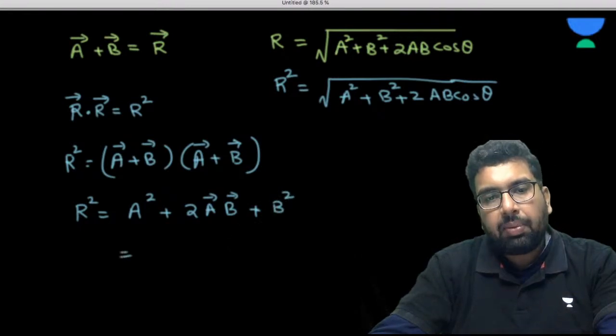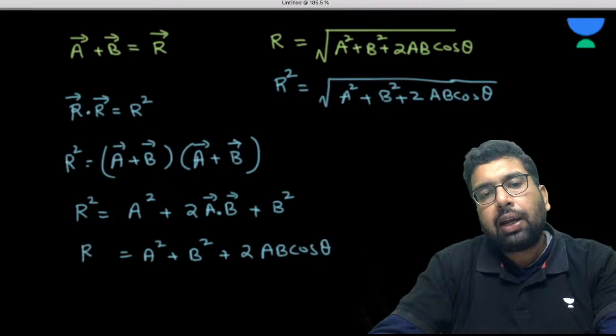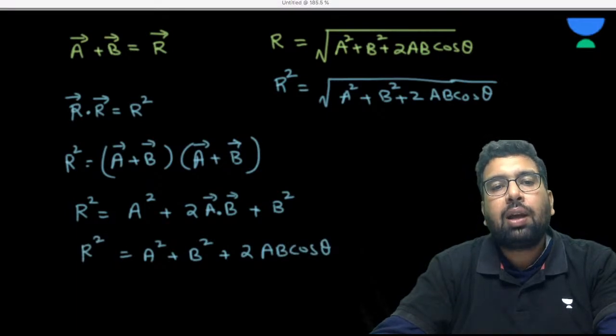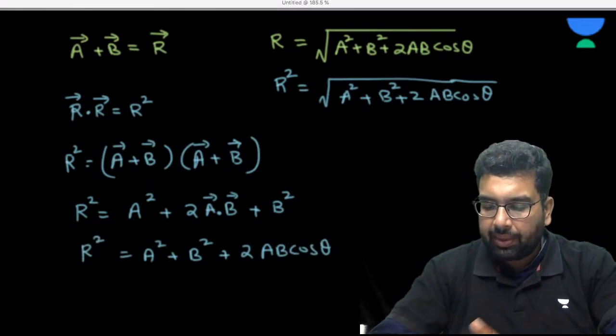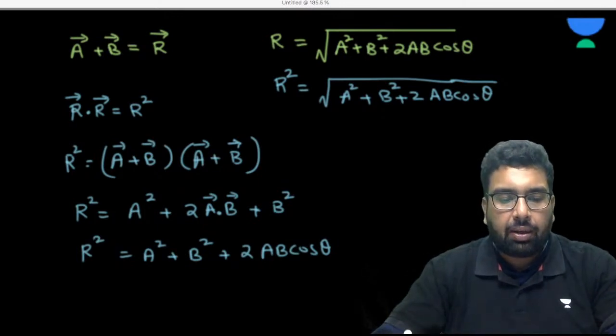Now it will become A square plus B square plus the dot product of A and B, which is 2AB cos theta. Now, in the same way, you can again get the law of parallelogram of vectors, isn't it? Please answer me.